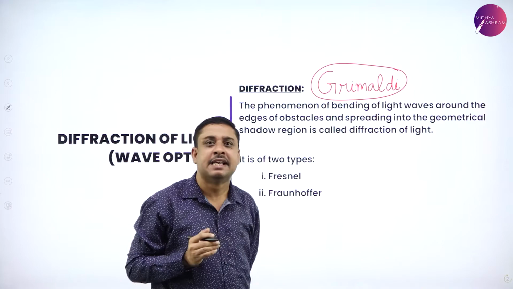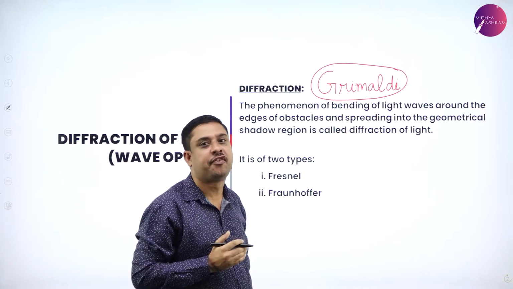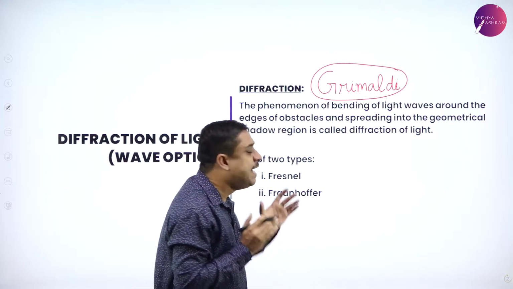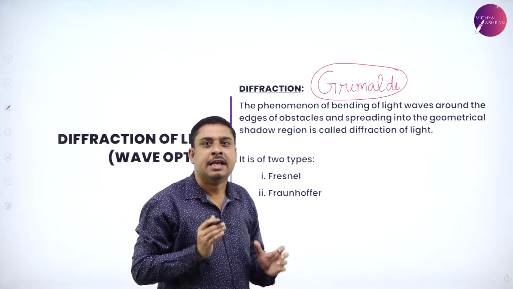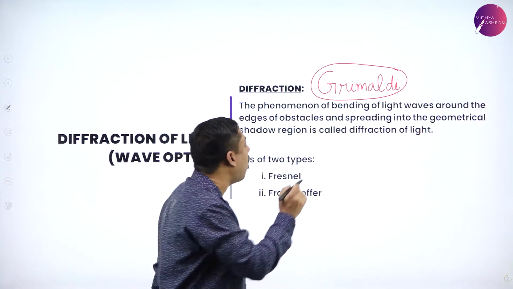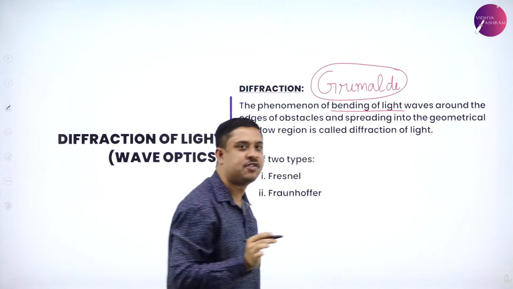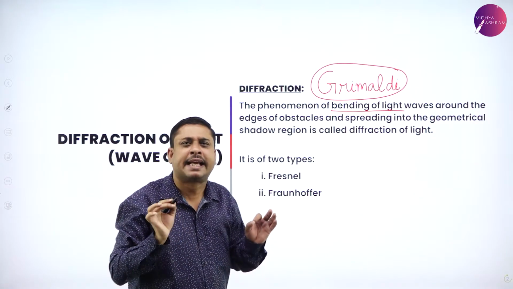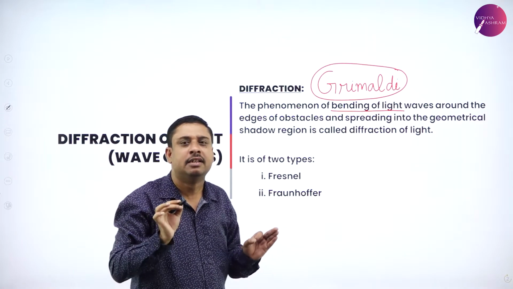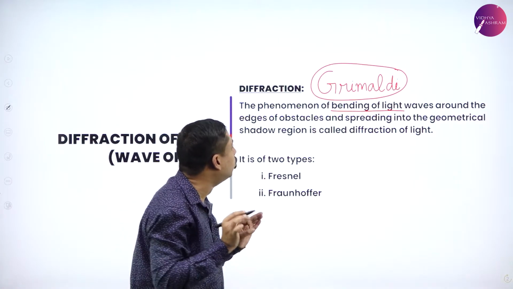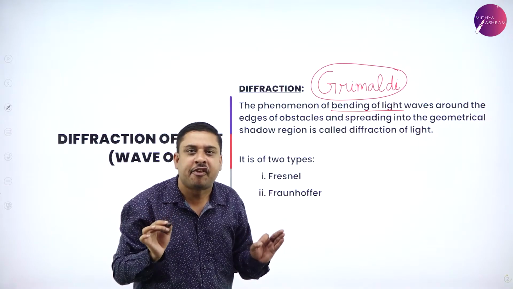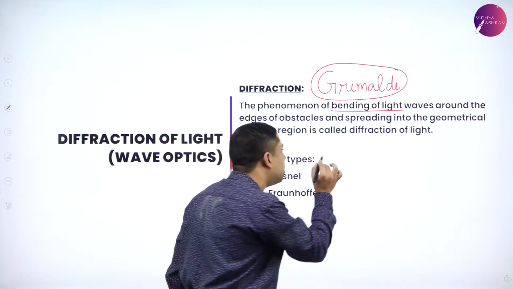Now, what is this diffraction of light? It is the phenomenon of bending of light waves. The key word that has to be used to define diffraction is bending of light.